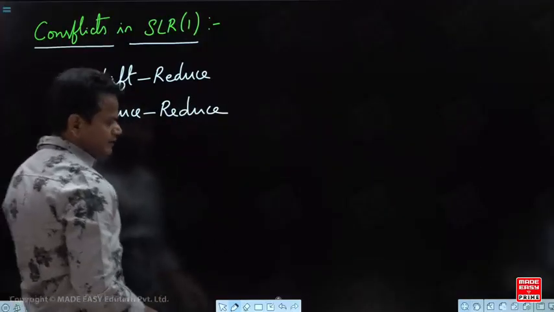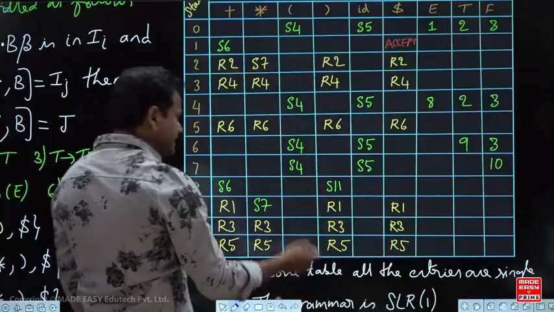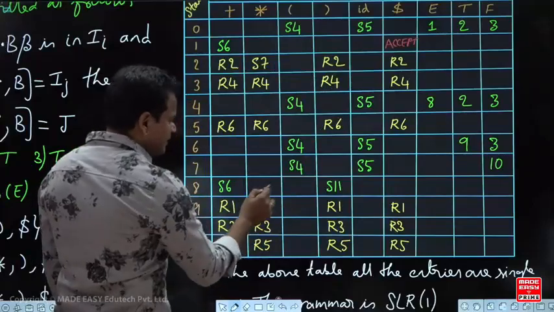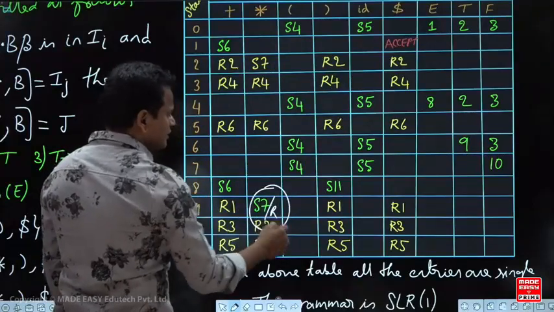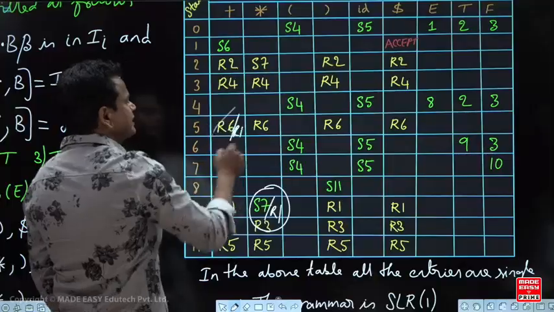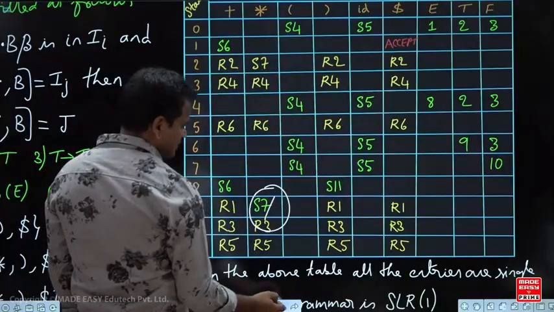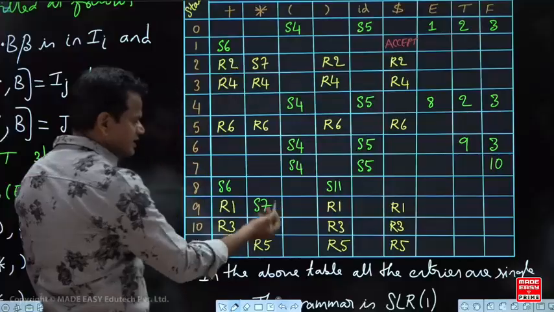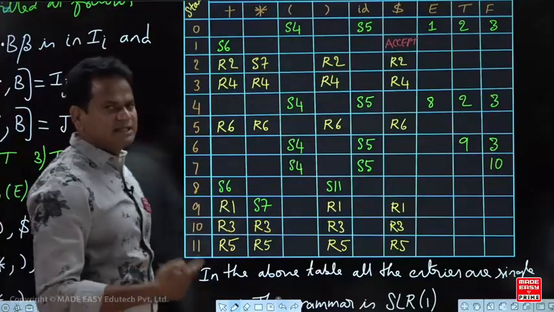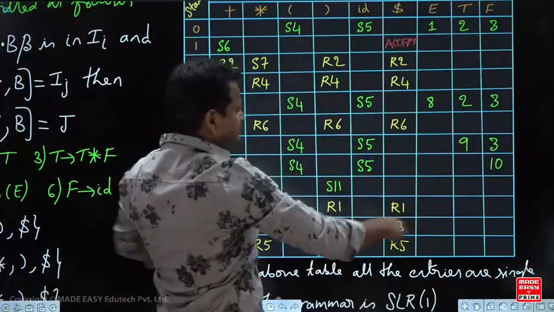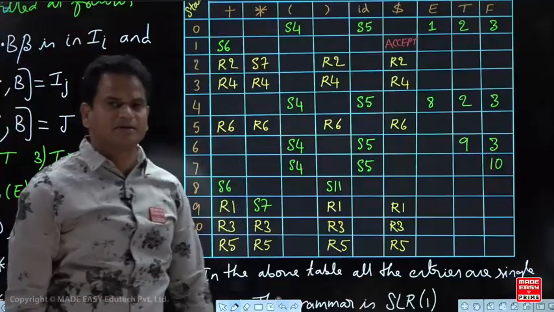So wherever in any box you have multiple entries, shift and reduce or reduce and reduce, then it is not SLR(1). Now we will see what is the possibility of getting the shift and reduce or reduce and reduce in the same box without constructing this parsing table.